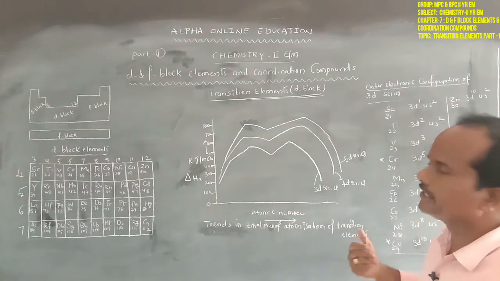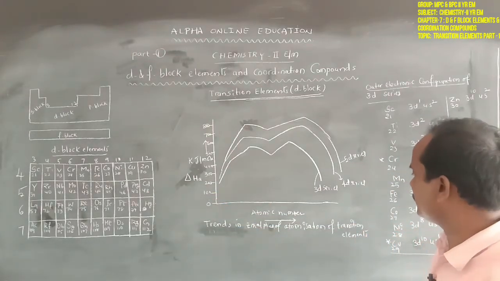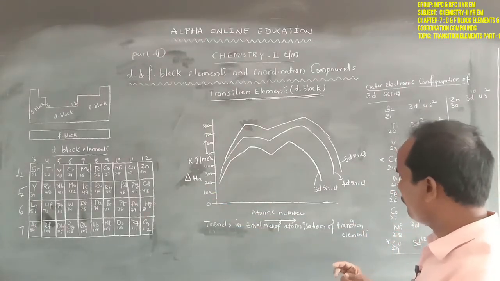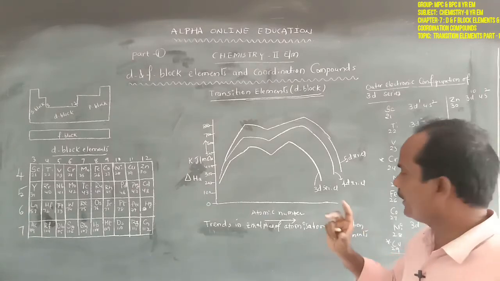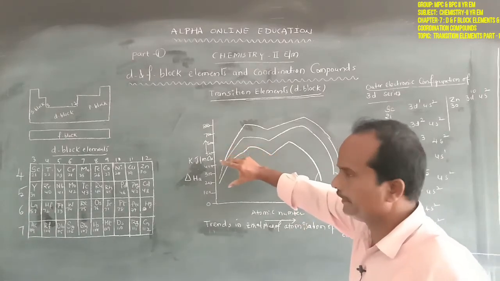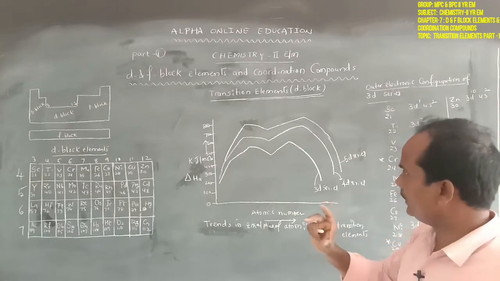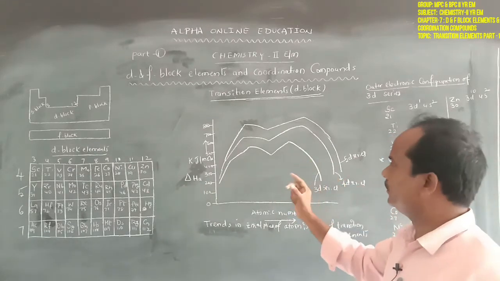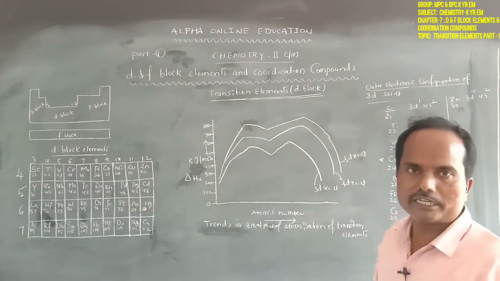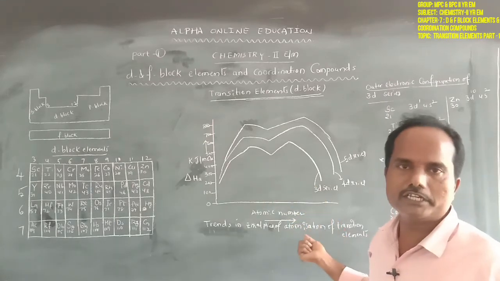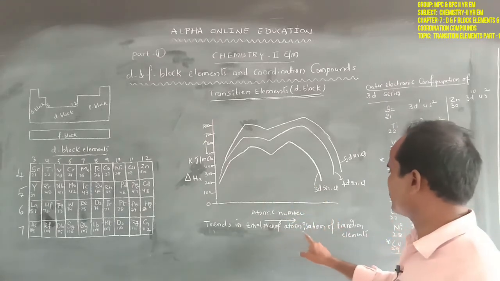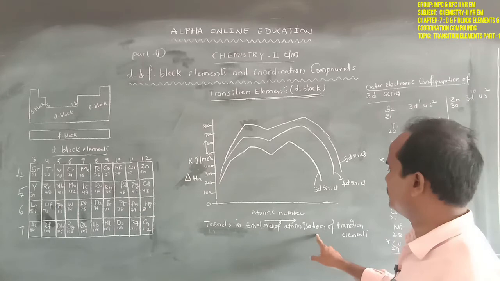It is delta H a, a heat change. When a mole of a molecule is broken into the atomic condition, a lot of energy is required. That is called enthalpy of atomization.